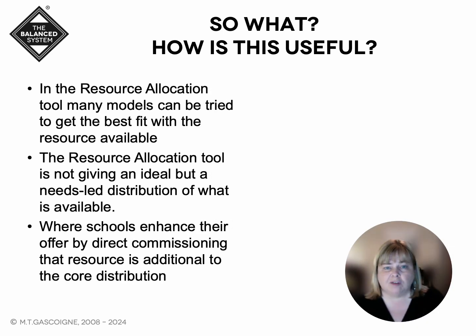Obviously, we don't always get it right first go, and often, sadly, there isn't the ideal amount of resource available in the pot to be distributed. So sometimes decisions have to be made and different models have to be tried out. For instance, it might be that there's a decision made to cluster very low need schools and provide their support in a different way, still with the linked therapist, but maybe offering some of the school support in a video drop-in, or using remote training.